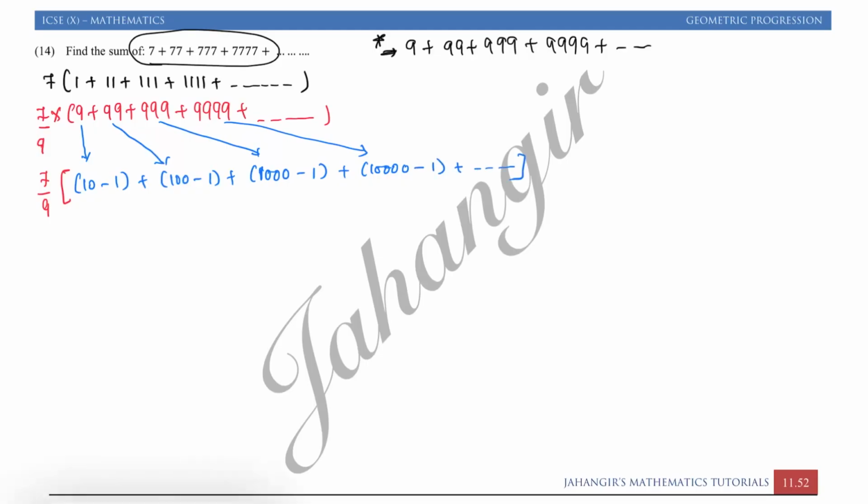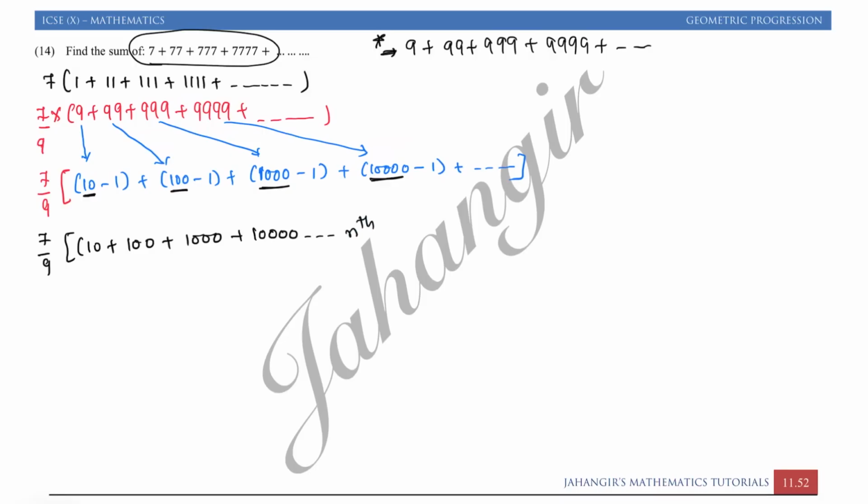Okay. So after this step, we are going to write 7 by 9 as it is. The first term of each bracket should be written separately, that is 10 plus 100 plus 1000 plus 10,000 up to the nth term.